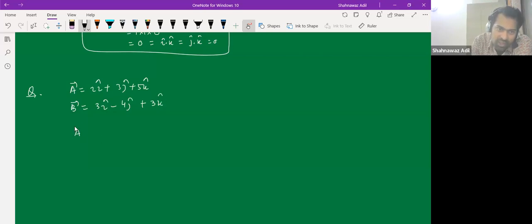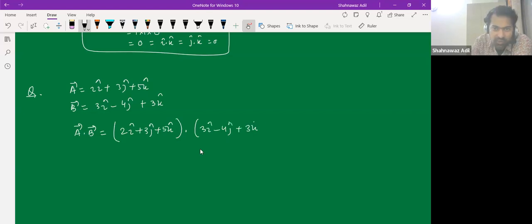If I want to take the dot product, we already know that I dot I would be 1, and I dot j would be 0.